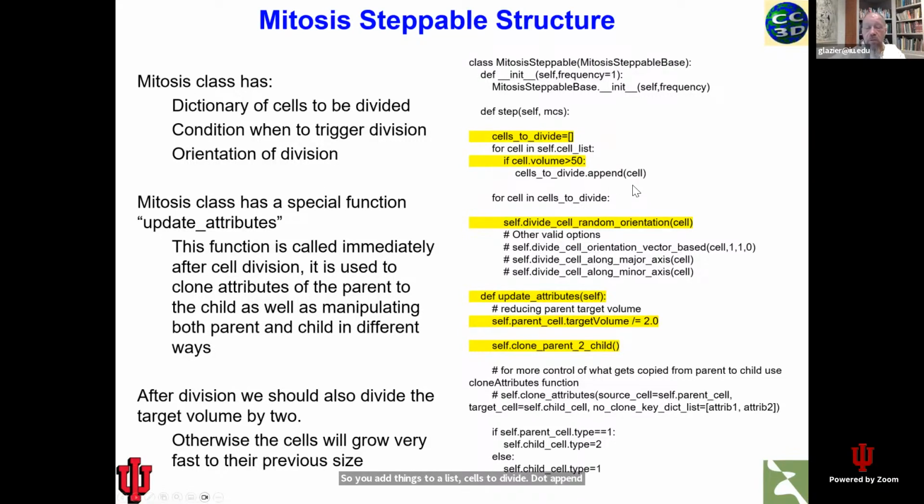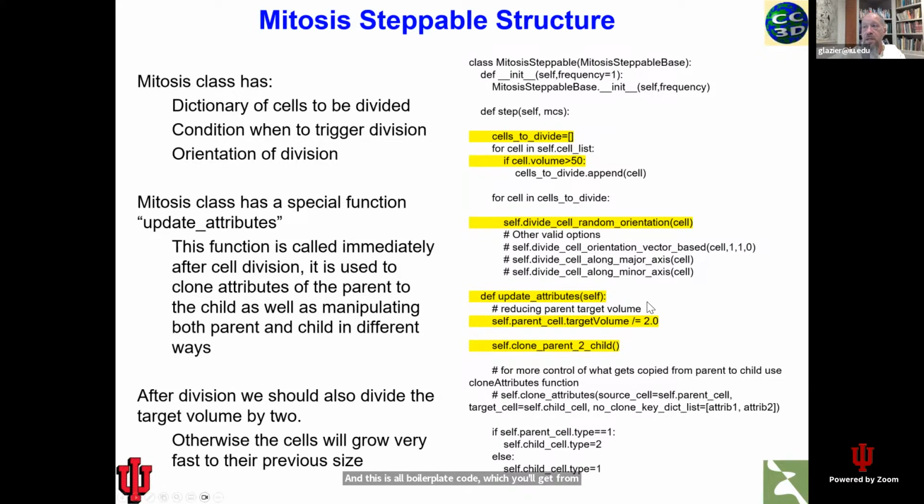And so now when we've run through that, we have a list of all the cells that are bigger than 50. We can't do it one at a time because it would break the cell list. We then run through that list of cells to divide, and we divide them, in this case along random orientations. And this is all boilerplate code, which you'll get from Wizard.